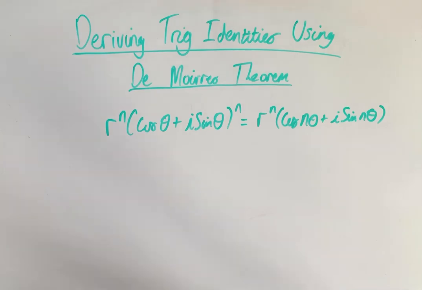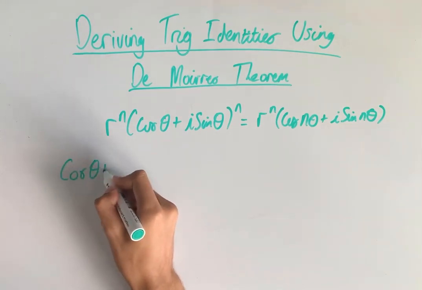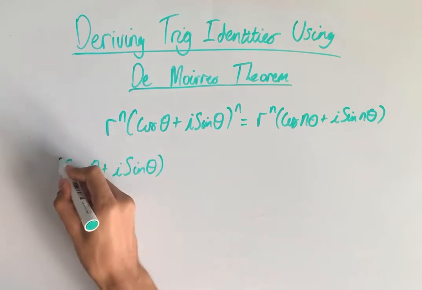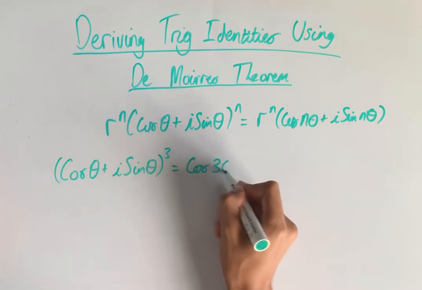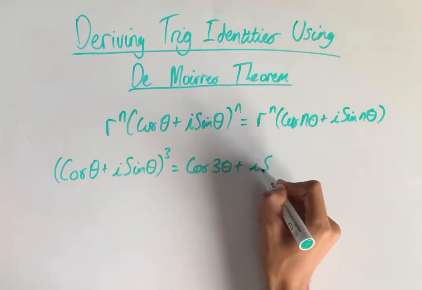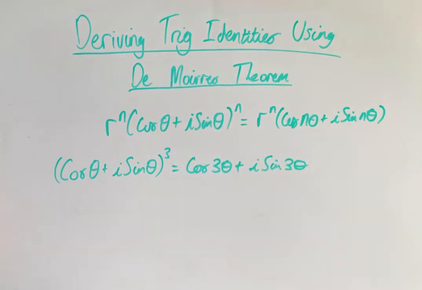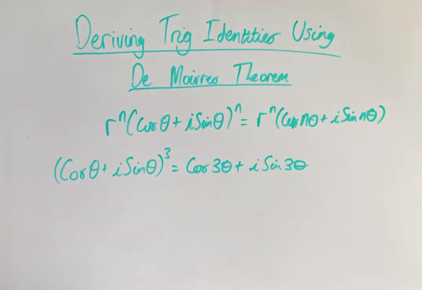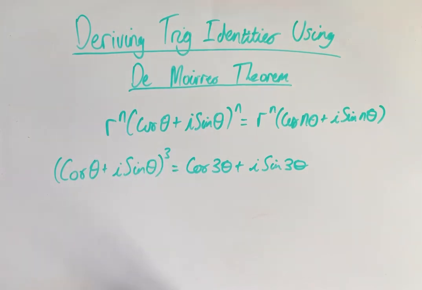Then we would say (cos theta plus i sine theta) to the 3 equals cos 3 theta plus i sine 3 theta. Now we know this is true because of de Moivre's theorem, and r is eliminated because we assume a modulus of 1. Now we expand the brackets binomially.